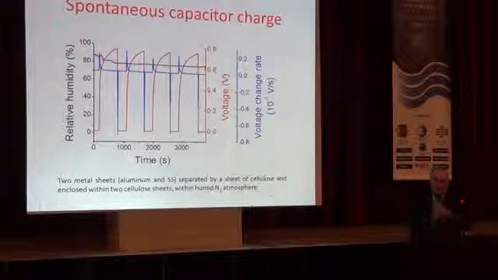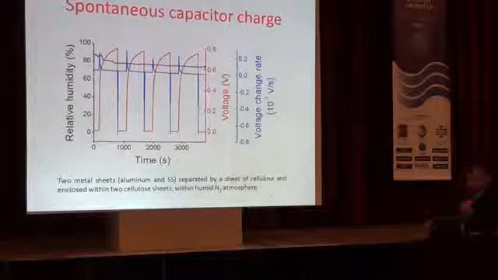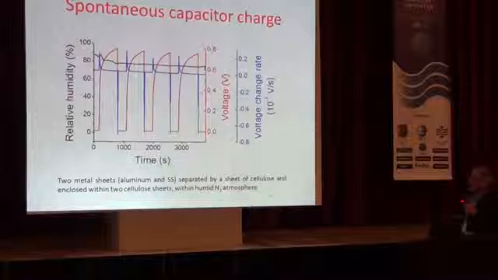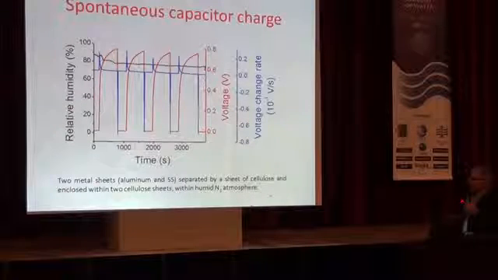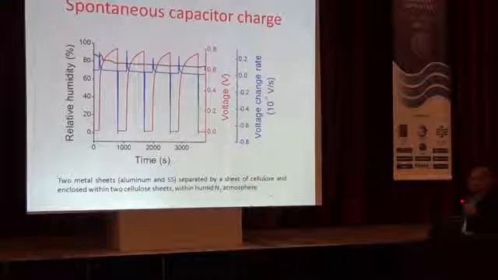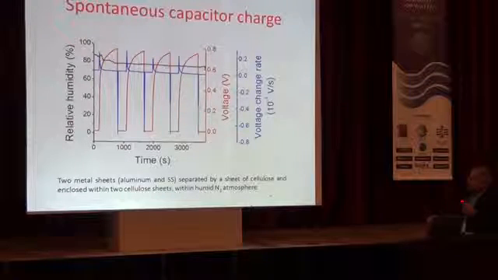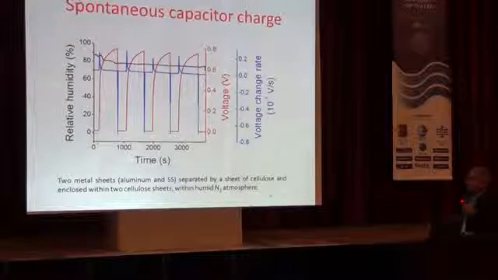And then you can make a capacitor that self-charges, which is shown here. That's a capacitor made with aluminum sheets and stainless steel. And here they are short-circuited. We are measuring voltage. So humidity is uniform.